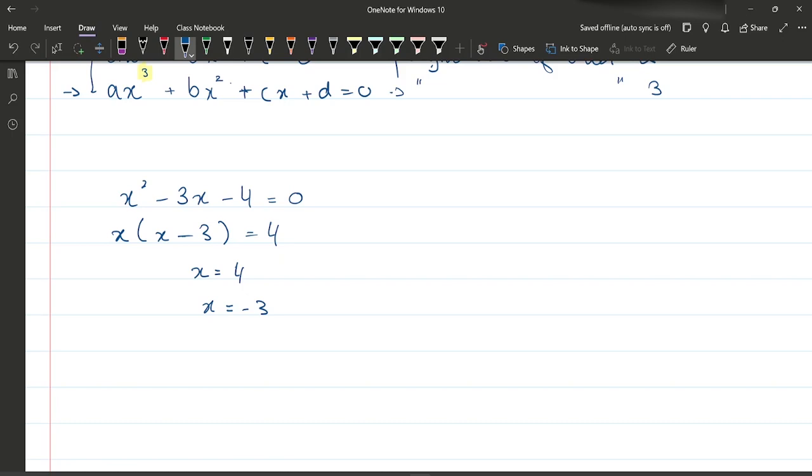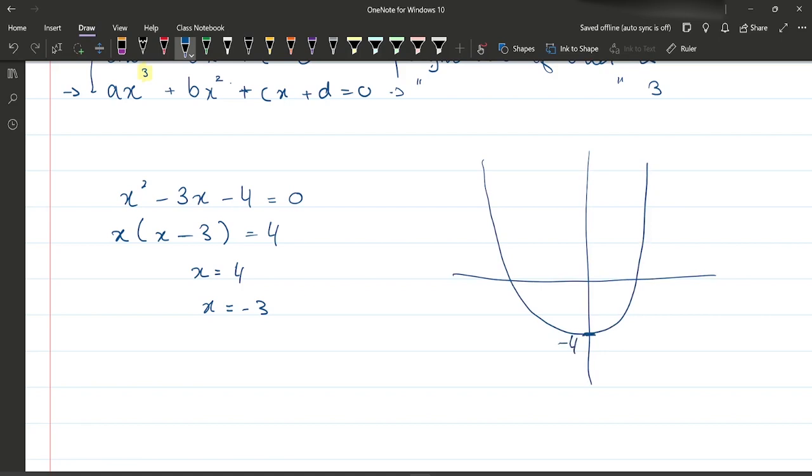Right, so this is not how you do it, because a polynomial of order 2 is generally in this shape. Let me try to draw it a bit accurately. Something like this. This will be minus 4 right there.